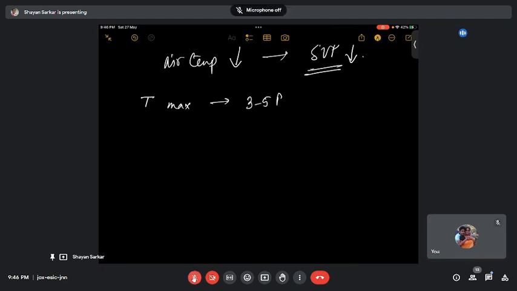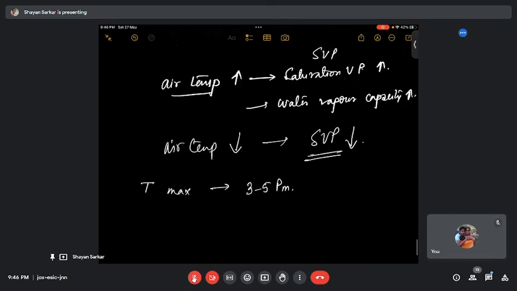So this is the time of maximum temperature. So if this is the time of maximum temperature, then SVP will be high. Yes or no? ইয়েস ইয়েস। Then তাহলে RH humidity will কমে যাবে, less.